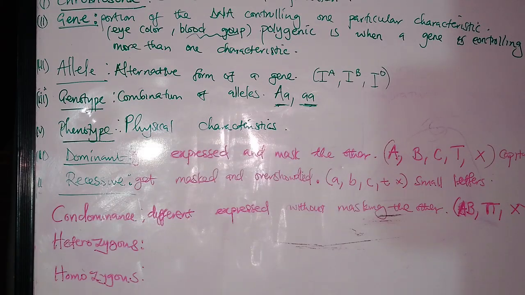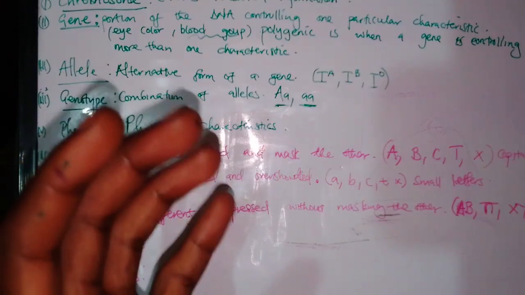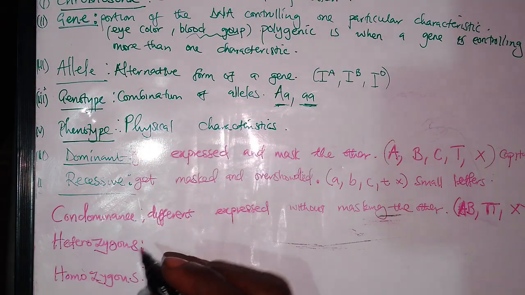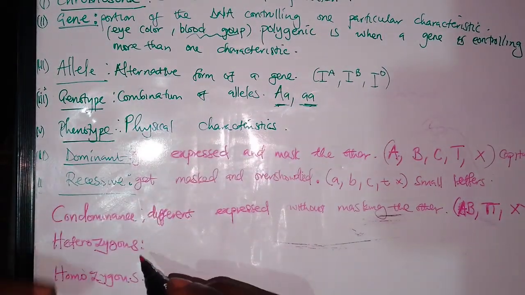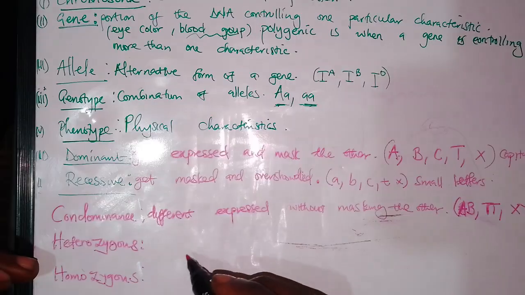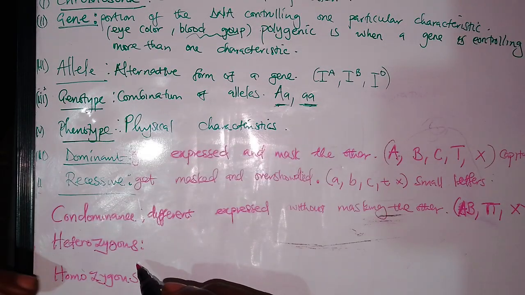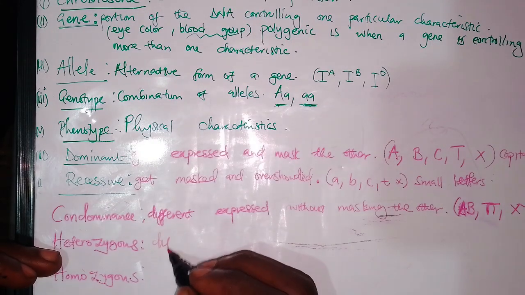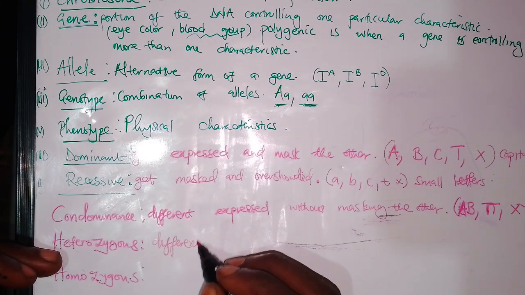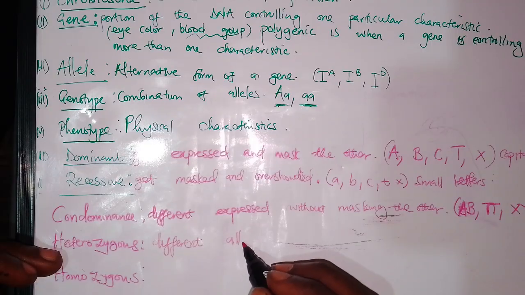Then when we talk about heterozygous, this is where you have different alleles. So heterozygous and codominants are different. When you have heterozygous, we are saying we have different alleles.